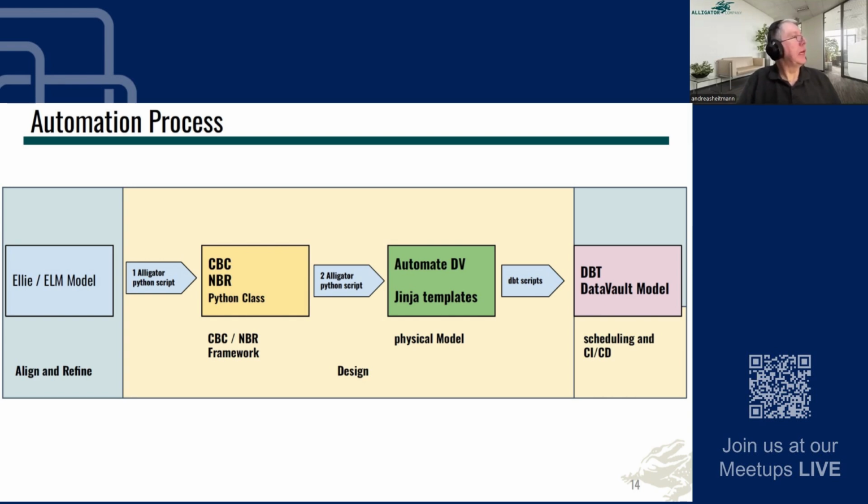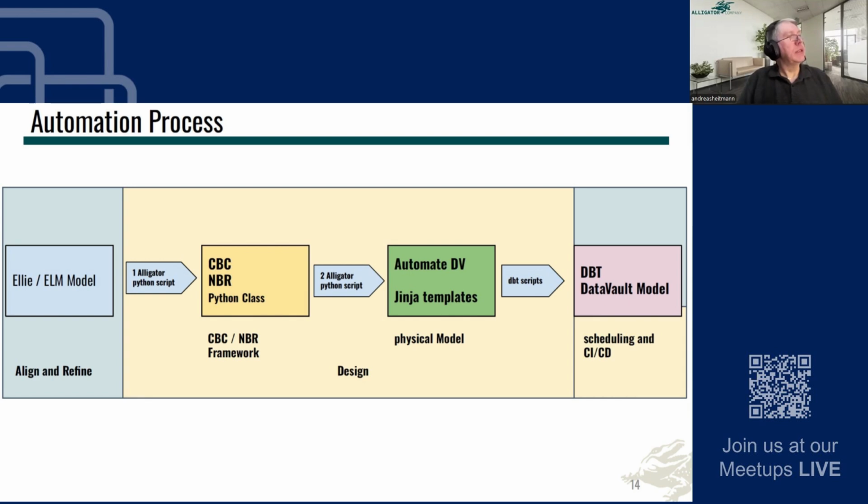Here you have the align and refine level with the Ellie model and the Elm model. And then we have our first Python script which parses this model, and then puts everything, every name, every mapping, every description, everything you got out from the model into a CBC NBR Python class. Oops, sorry.